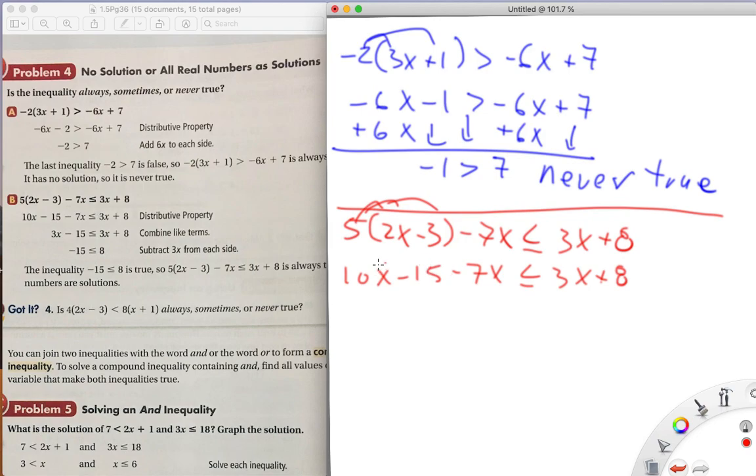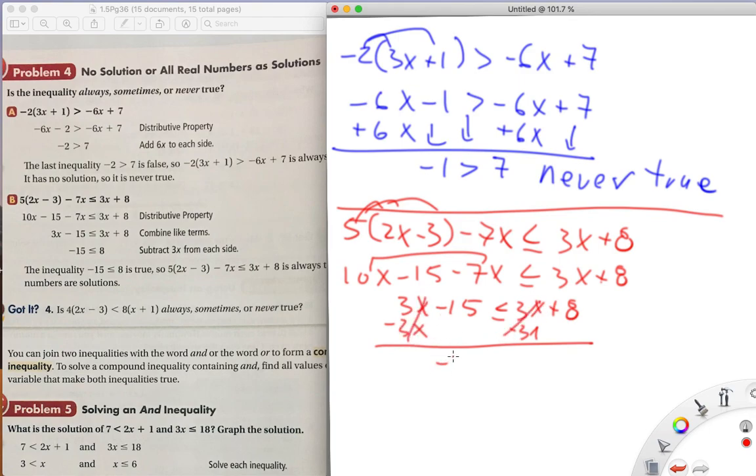I can combine like terms and I get 3x minus 15 is less than or equal to 3x plus 8. Subtract 3x from both sides. I get negative 15 is less than or equal to 8. This is true, so this will always be true.